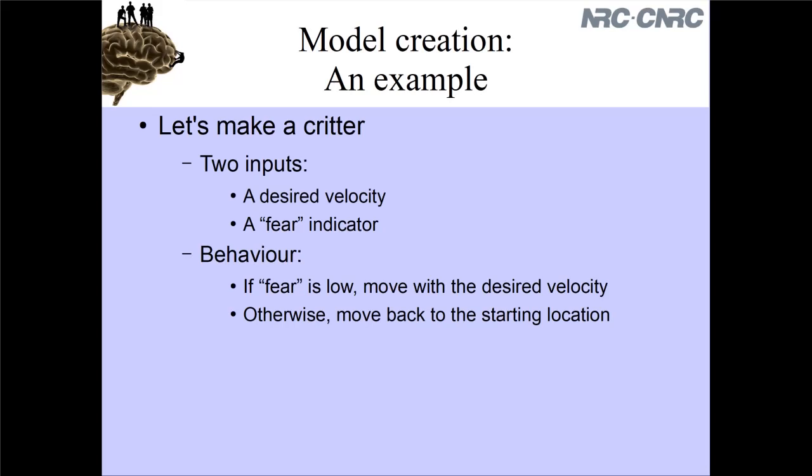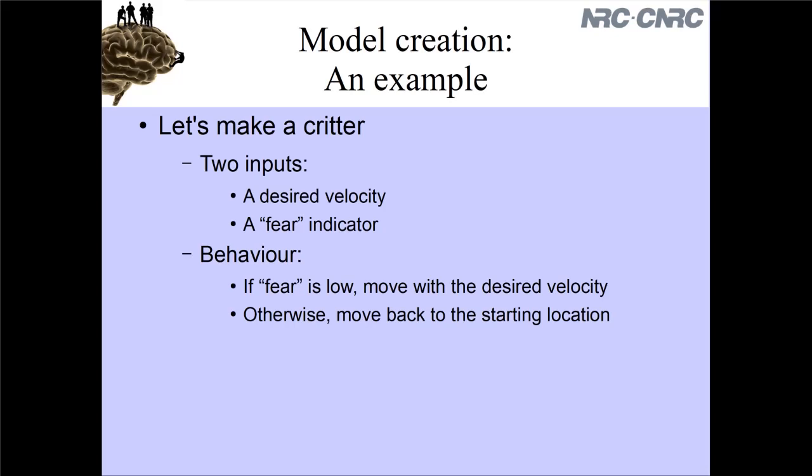So the goal is to make a really simple brain that has a really simple sensory system, a really simple motor system, a little bit of memory, and a little bit of decision making. So I want to at least have those aspects, but in an incredibly simplified format.